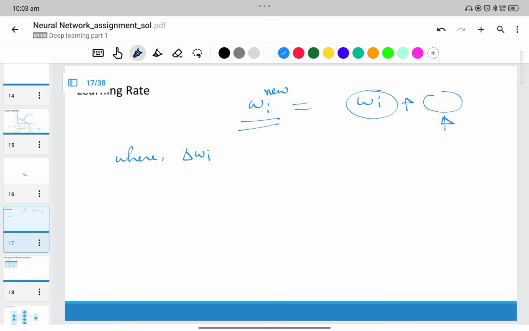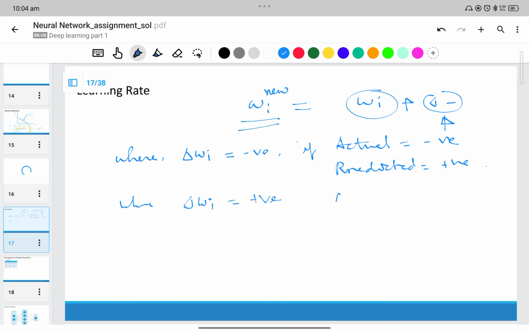So delta wi, that is the difference that we are adding, is negative if the actual input was negative and we have predicted positive, and delta wi will be positive where actually we have a positive but we predicted negative.